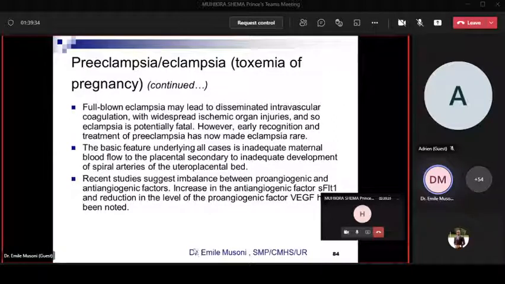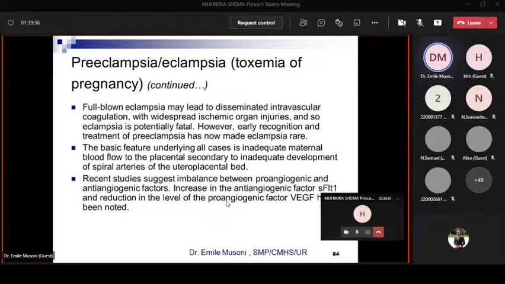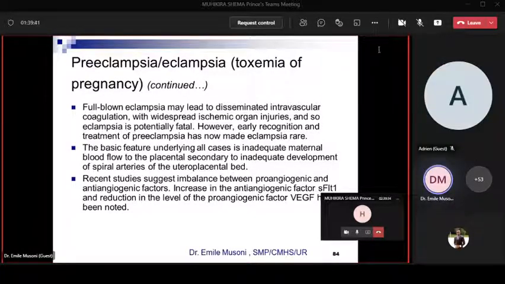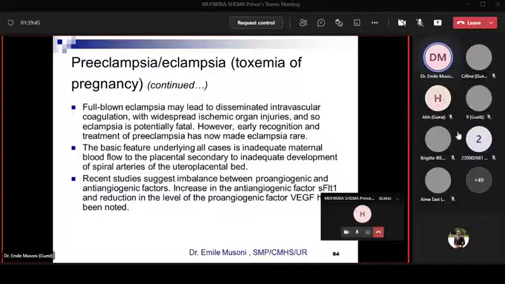Once you remove the baby, there will be reduction of that hypertension, but you have to monitor the patient for about 7 days, because you can also have recurrence of that hypertension after 7 days.